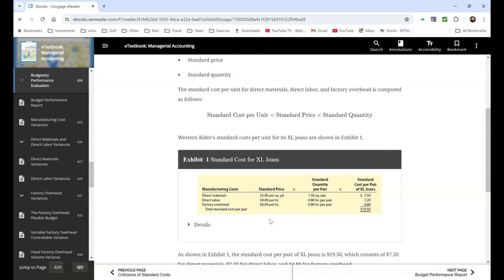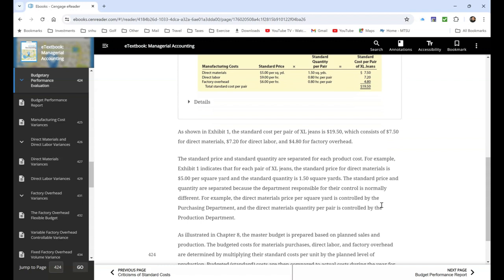And factory overhead, you're going to apply by direct labor, so that's 6 hours. Again, 0.8, so that's 4.80. So the standard should be $19.50. If you're more than that, then that exceeds the standard, and you need to find out. If you're less, then that's better than standard, and you still need to find out.